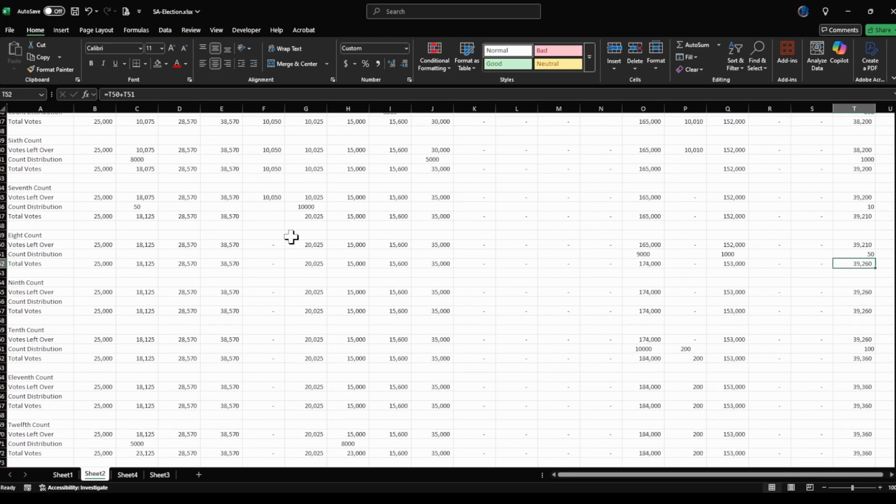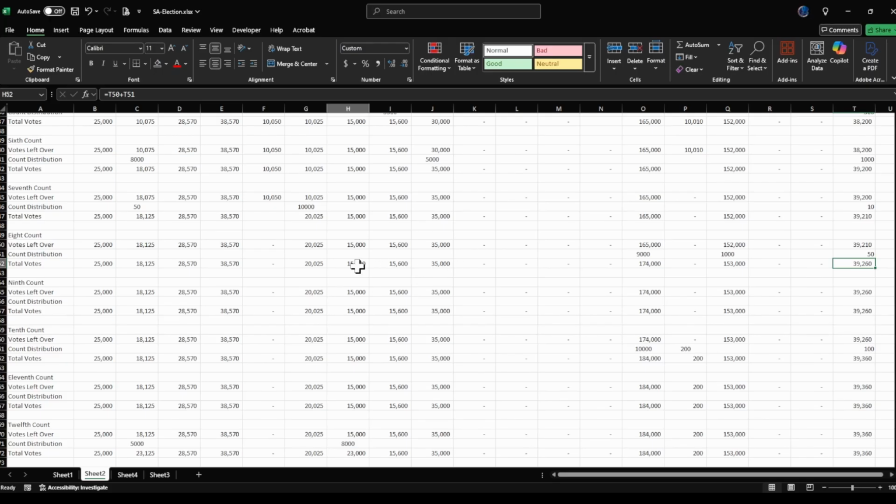So here we are again. We have put through here and we look and we see that nobody has made quota. So we have to find the next group that doesn't have enough votes. 25,000, 18, 28, 38, 20,000, 15,000, 15,6.